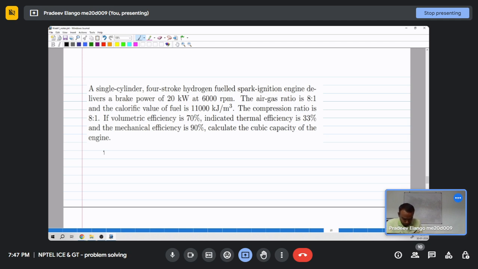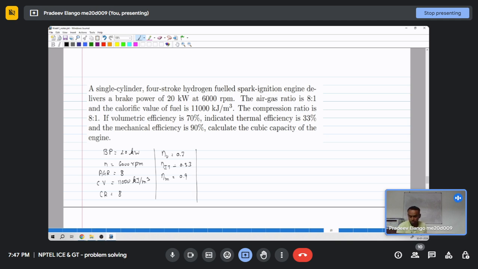So we know brake power is 20 kilowatt and speed is 6000 rpm. Air gas ratio is 8. Calorific value of the fuel is 11,000 kilojoules per meter cube. Compression ratio is 8. Volumetric efficiency is 0.7. Indicated thermal efficiency, eta IT, is 0.33, and mechanical efficiency is 0.9.